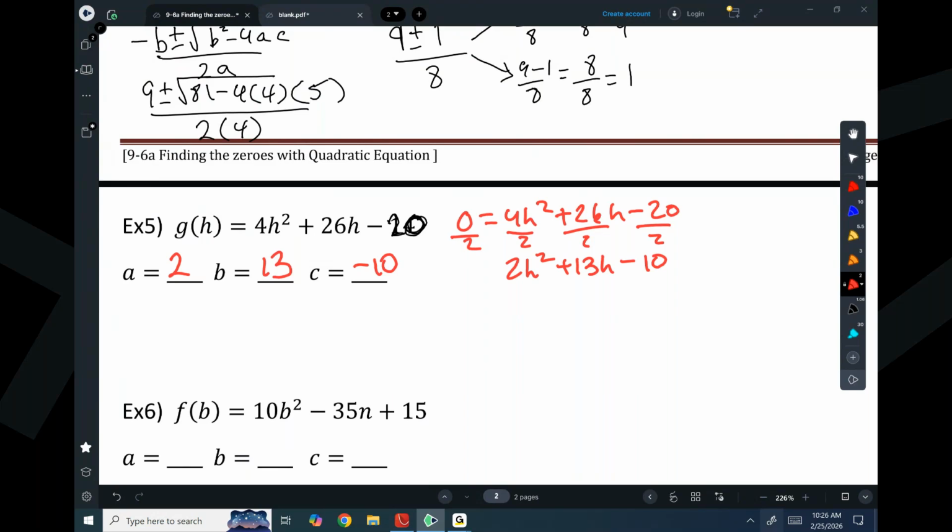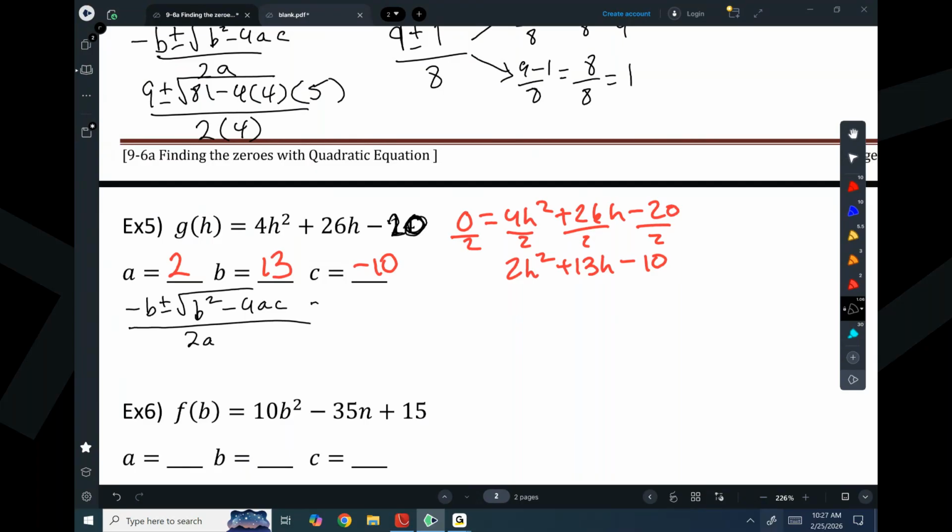Okay, this is going to be the first problem that we're going to do. It's not going to be pretty, okay? So it's going to be -b plus or minus the square root of, what's the formula? b squared minus 4ac. That b squared minus 4ac part is called the discriminant for math later on, okay? All over 2a. All right, we're going to plug everything in. You ready? The negative of what?